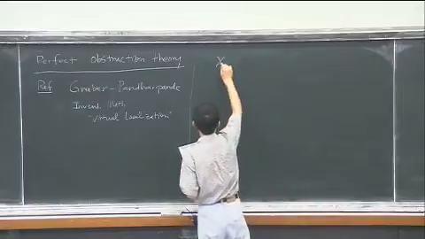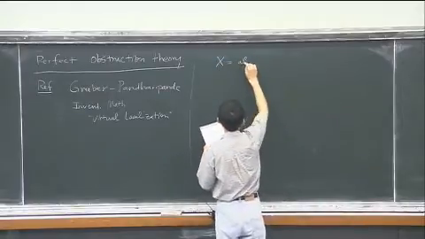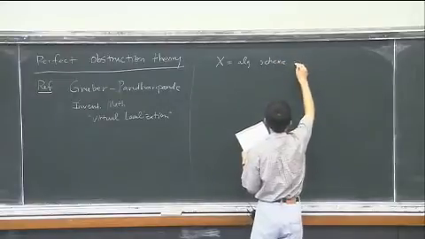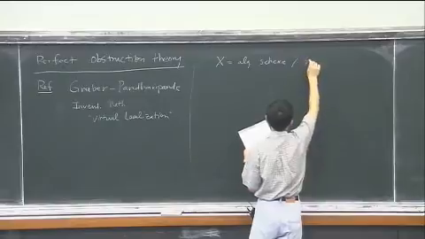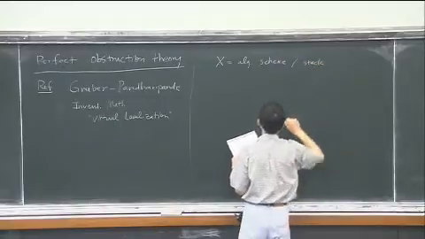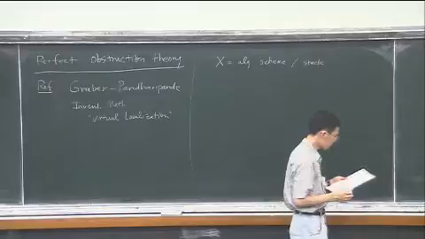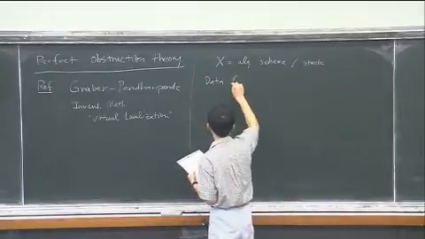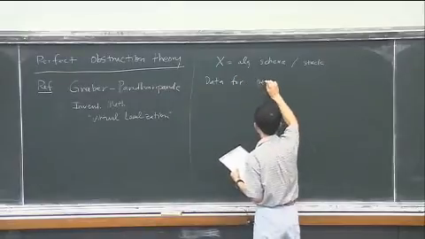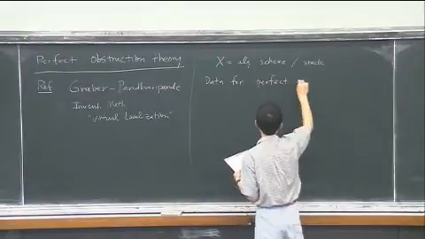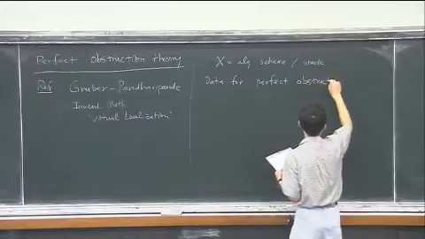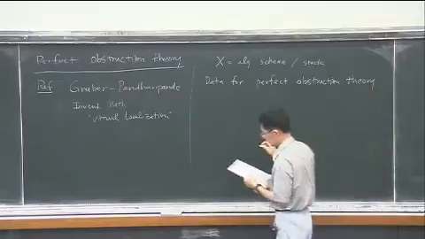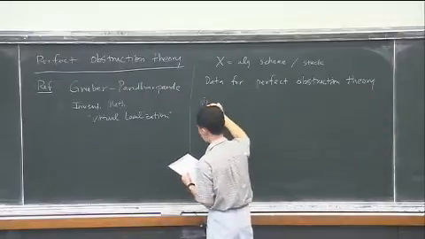So X is an algebraic scheme, or it's a Deligne-Mumford stack. And so the data for perfect obstruction theory is two things.